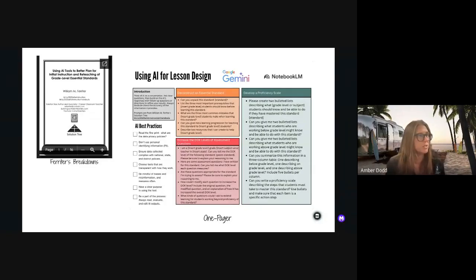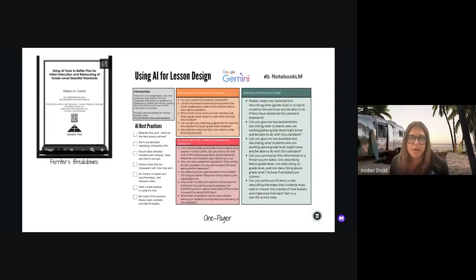So what I want you guys to do right now is using Gemini, so you can use gemini.google.com, and I'll put it in the chat too, look through this handout and start playing with asking questions. So you can take one of your standards and go through it. You can ask it to develop a lesson plan for you, but be specific.